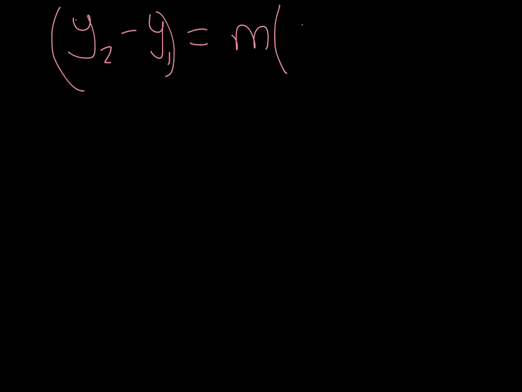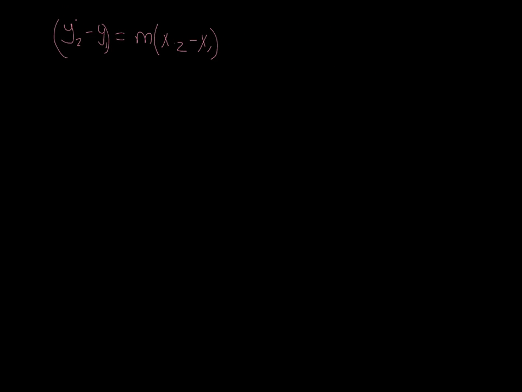Here is what I'm going to write: point slope. y2 minus y1 equals m of x2 minus x1. As you can see, m is the slope.